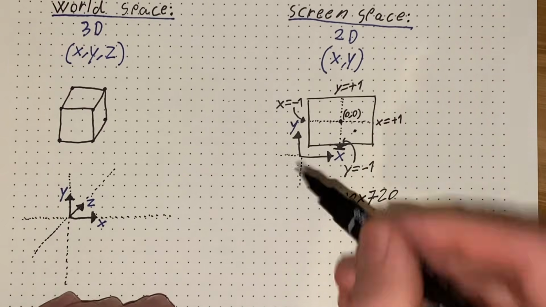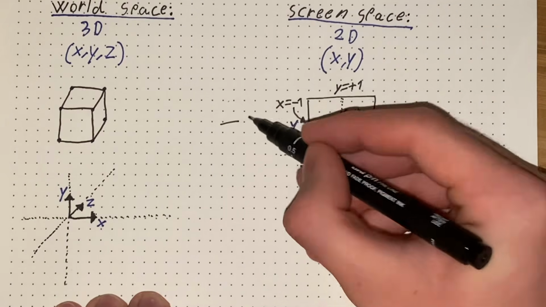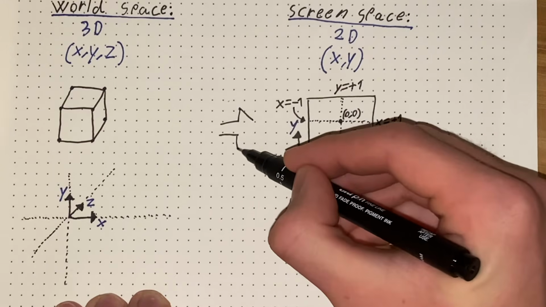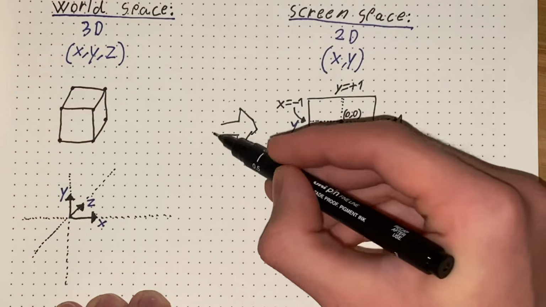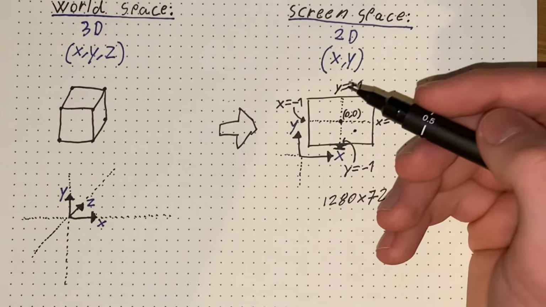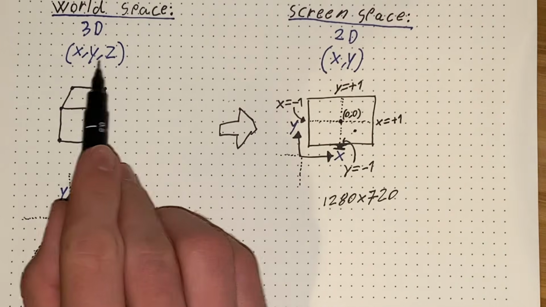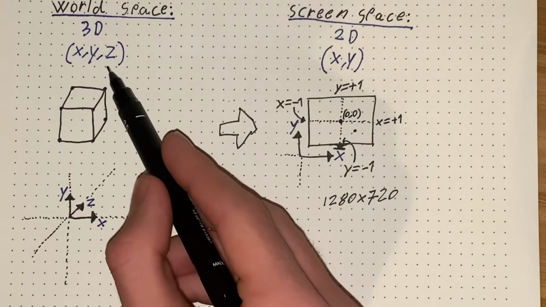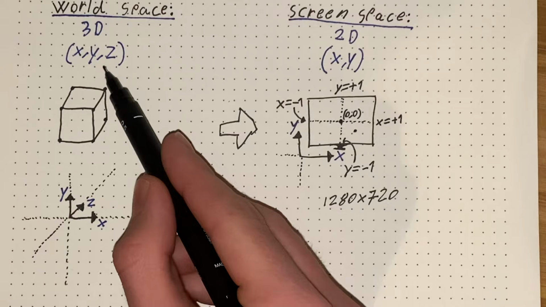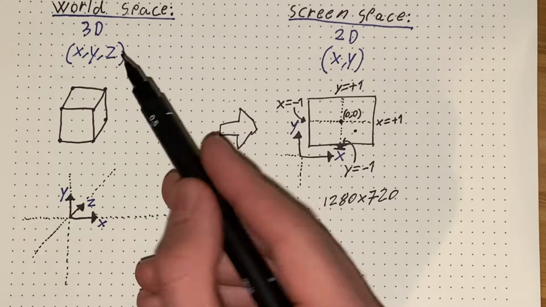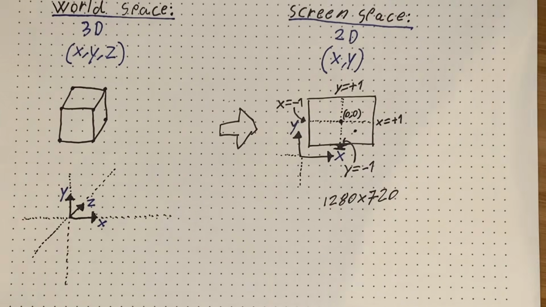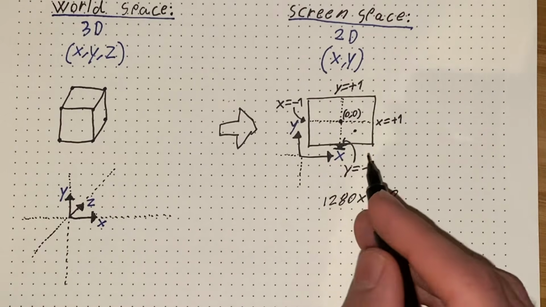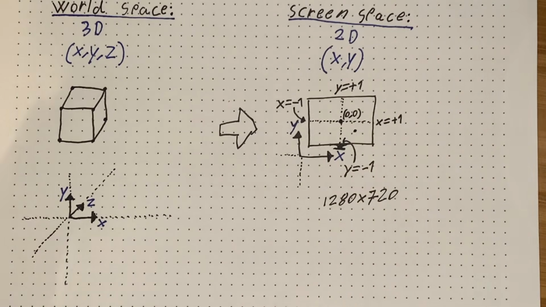And what we need is a way to go from world space into screen space so we can display it on our screen, right? But the problem is that we're losing information here, because world space has an extra coordinate, an extra number in its coordinate for a given point. So if we take a point and want to convert it to screen space, we're losing a value.